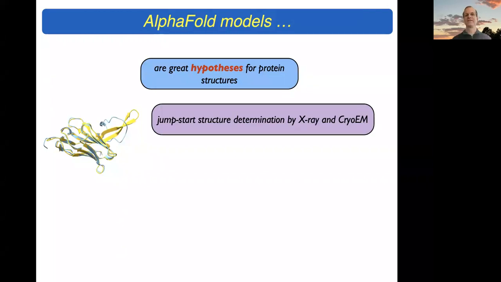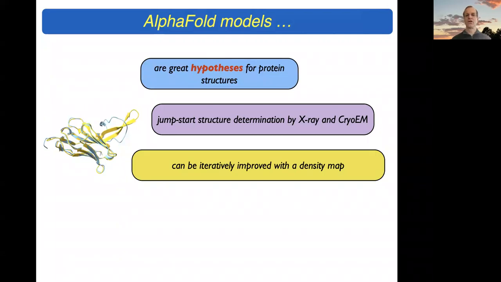The second part of my talk is going to be, you can jumpstart structure determination by X-ray, Cryo-EM, and other techniques using AlphaFold models. They're really great for this. Third, and you probably don't know this yet, you can improve prediction by AlphaFold if you have some experimental information.